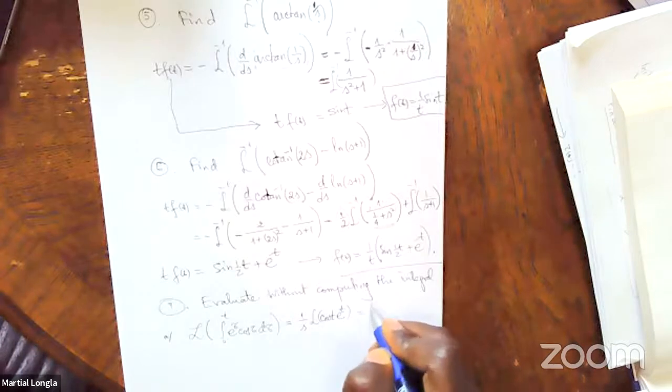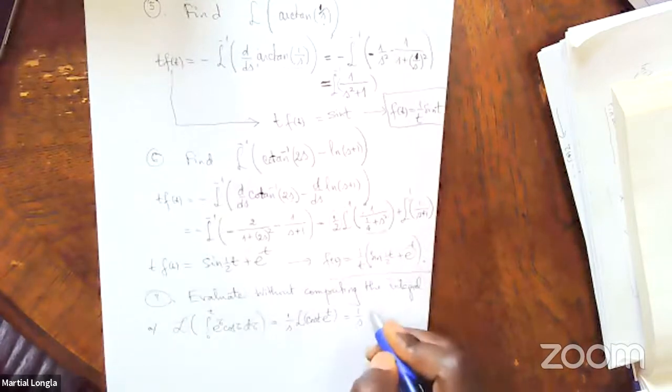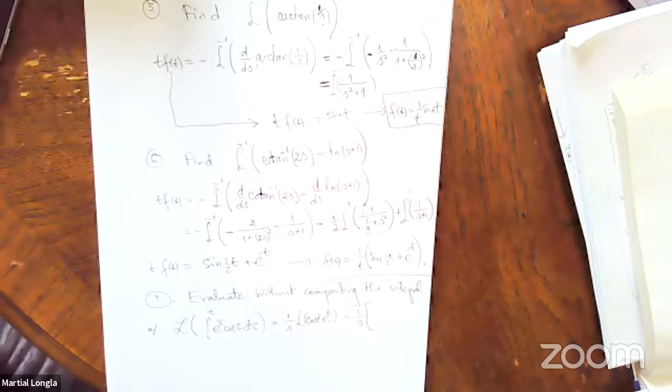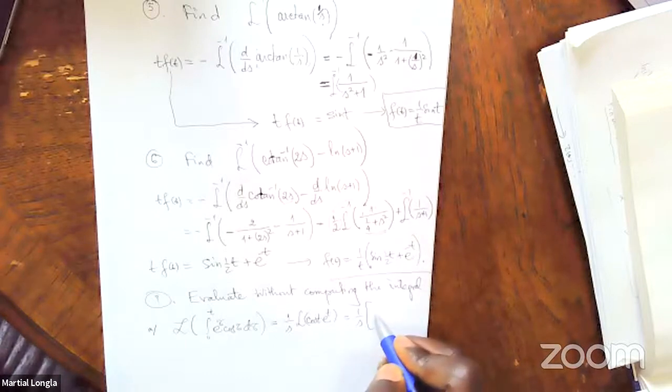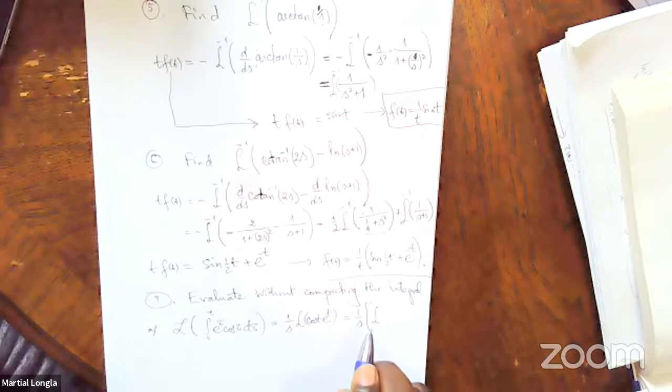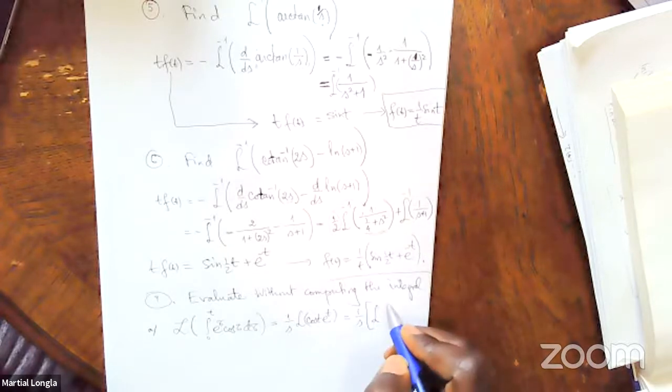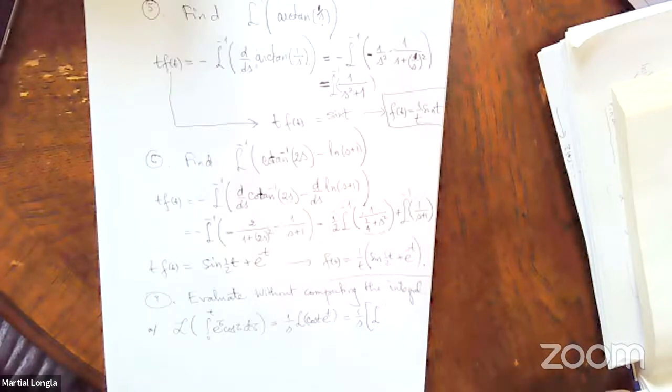And then how do we compute that one? Again, Macy. You change the t to... it's using the first rule. It's like when you change s to s minus something. Anytime you see e, you know it's the translation theorem, right?